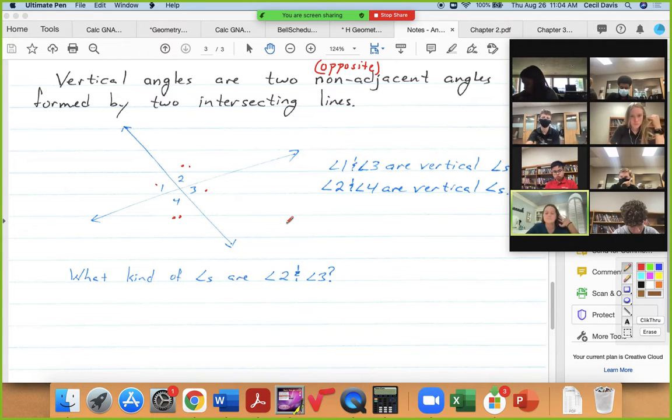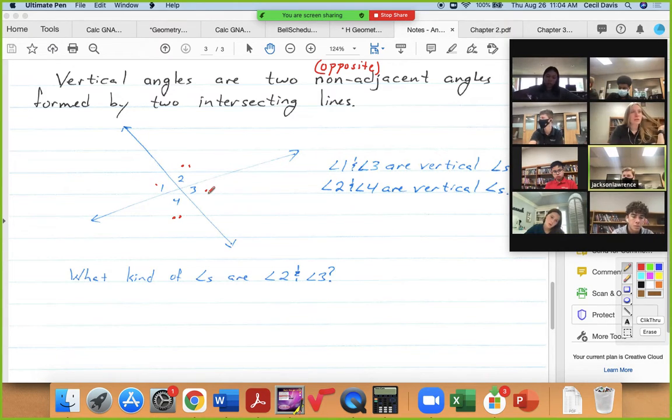We'll get into this a little bit more, but just as a reminder, what kind of angles are angle 2 and 3 here? There's actually two different terms you can give. Why are they supplementary? Right, and when we have that, there's a term for it.